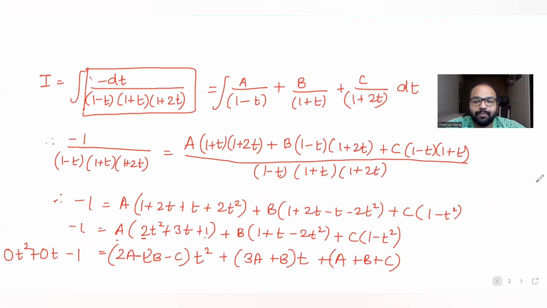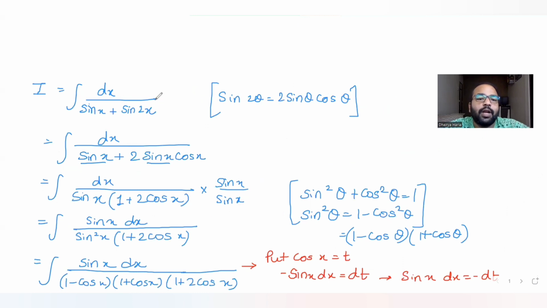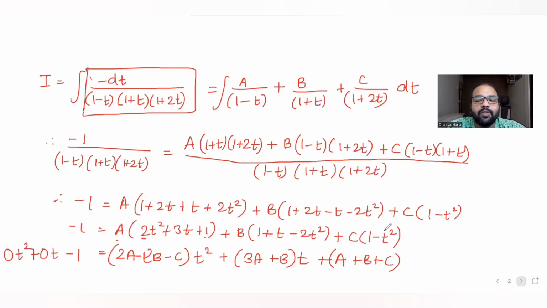What we did was, first we tried to simplify this entire trigonometric expression. Once we simplified it, we put cos x as t, so sin x dx becomes minus dt, and once we use that, we get the equation in terms of three algebraic expressions. We can solve it by partial fractions by getting the values of a, b, and c.